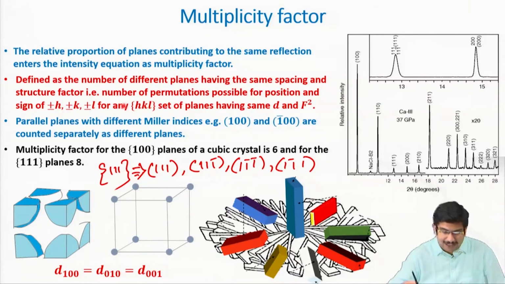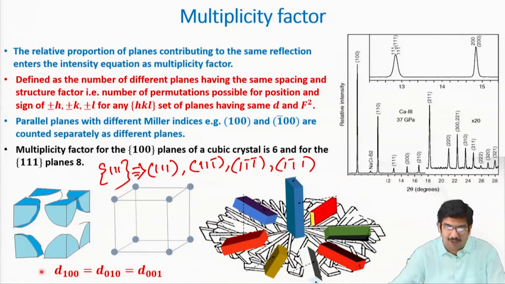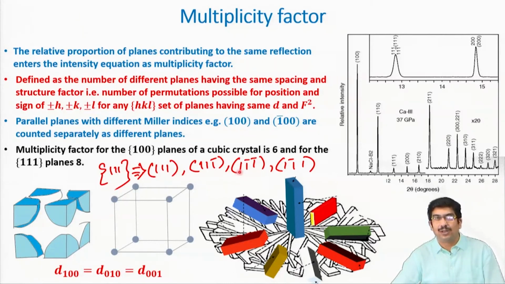So if I write 111, you can imagine 111, bar 1 bar 1 bar 1, 1 1 bar 1, bar 1 bar 1 1, and so on. Here this plane's opposite will be bar 1 1 1, and the opposite of this will be 1 bar 1 1 bar 1. So these 8 planes, that is the multiplicity factor.